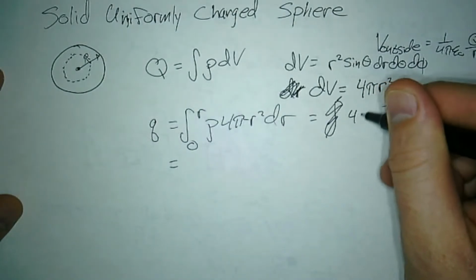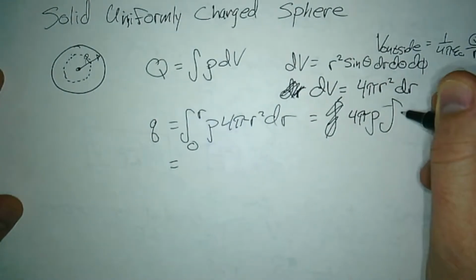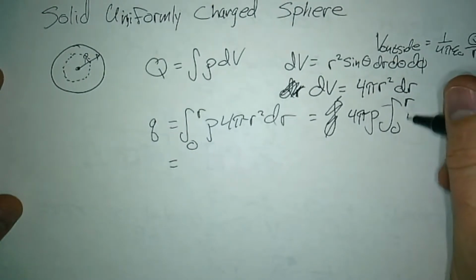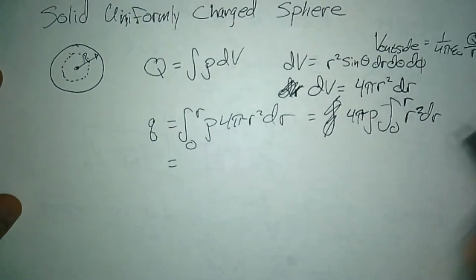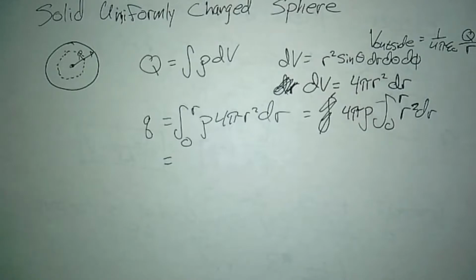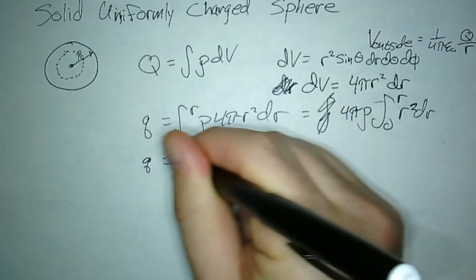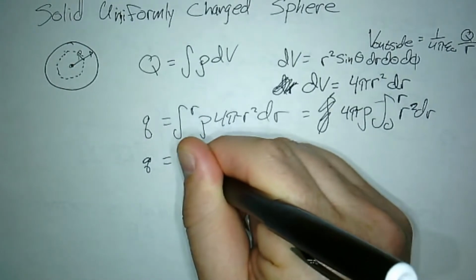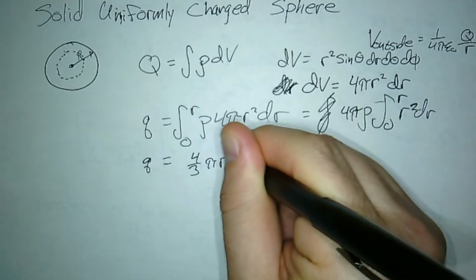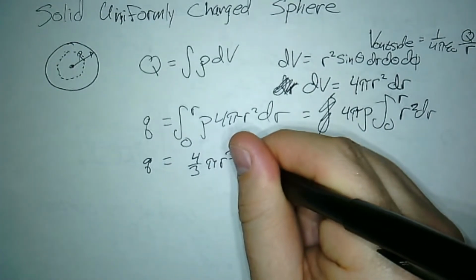I can take out 4 pi rho from 0 to r of r squared dr. I think all of you guys can solve the integral pretty easily on your own. So we are going to get q is equal to 4/3 pi r cubed times rho.